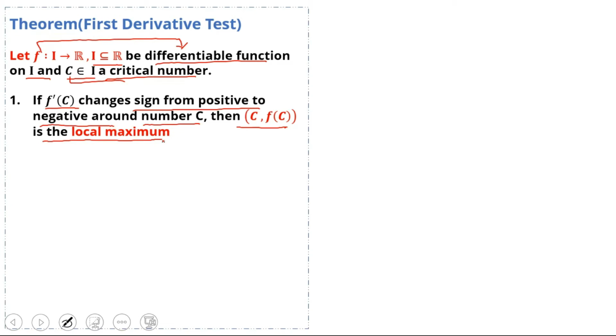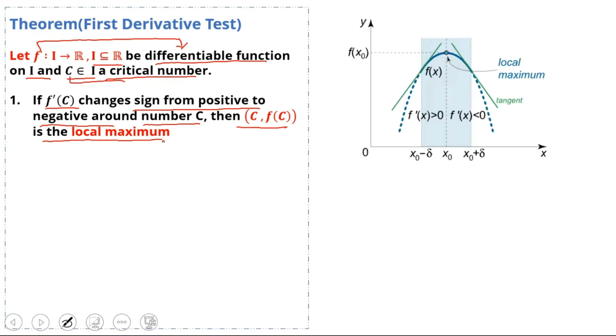We can see this with the help of a graph. If we have a function and the behavior of the function is like this, the function is increasing, and after this point the function is decreasing. In this region the tangent of the function is positive, and after this point the tangent is negative.